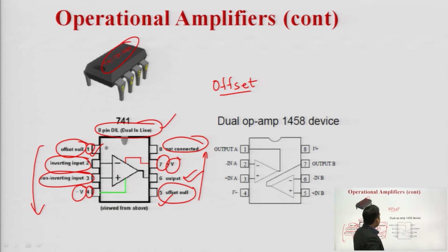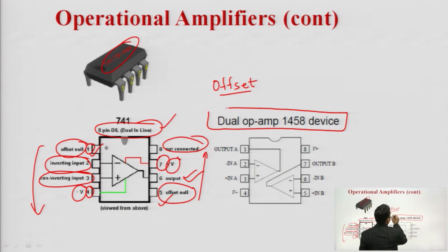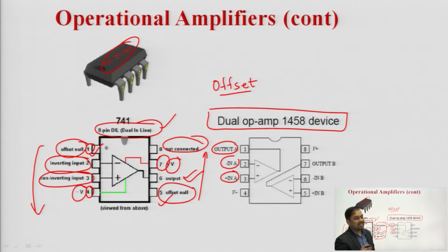Now, we have the dual op-amp, IC number 1458. We have two op-amps in this. Pin number 1 is the output, 2 and 3 are the inputs, one is the inverting and the other is the non-inverting.